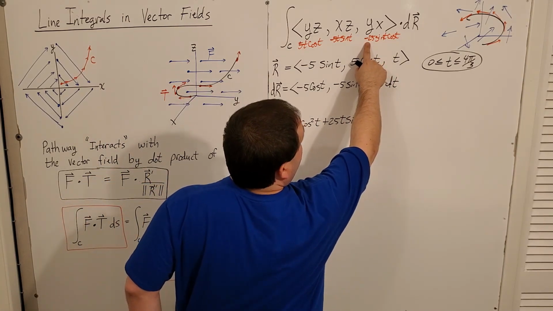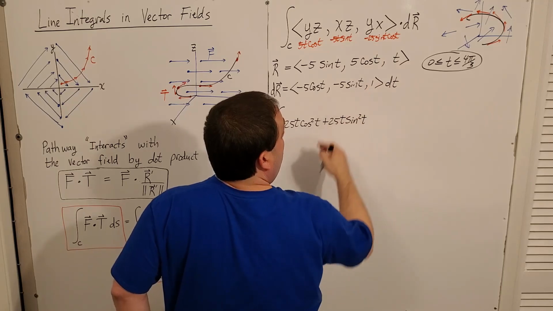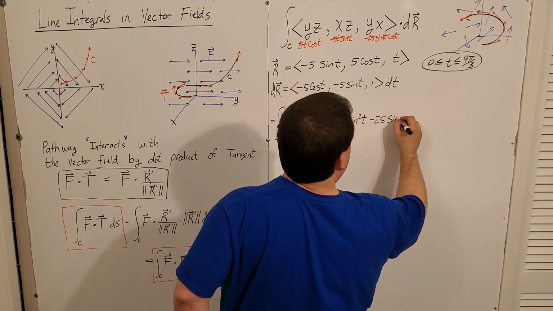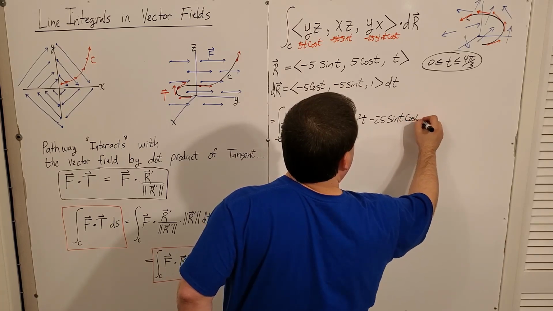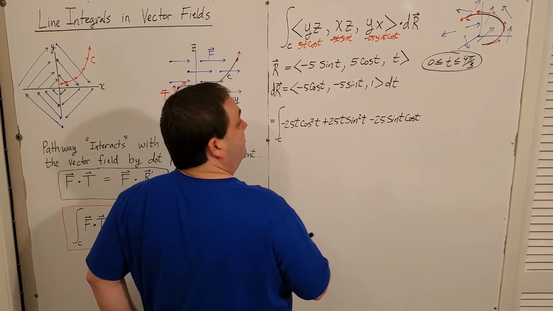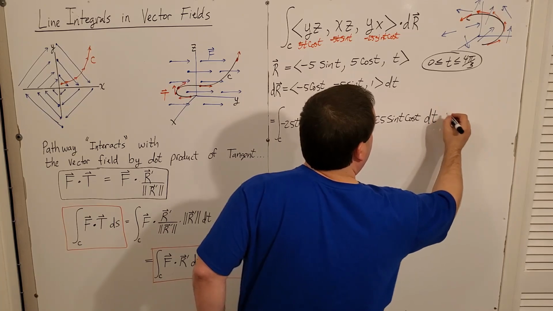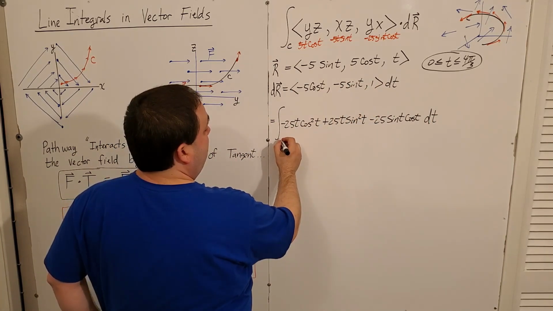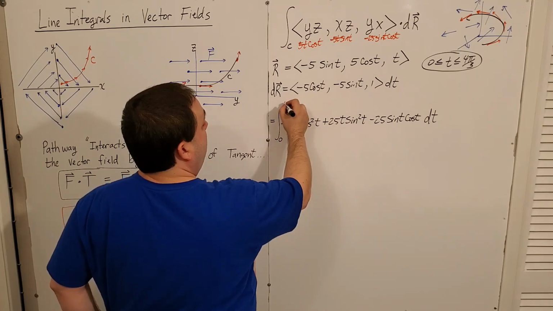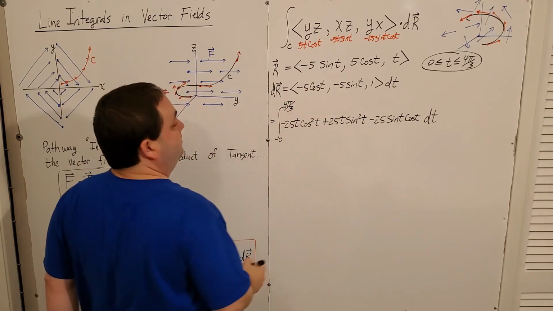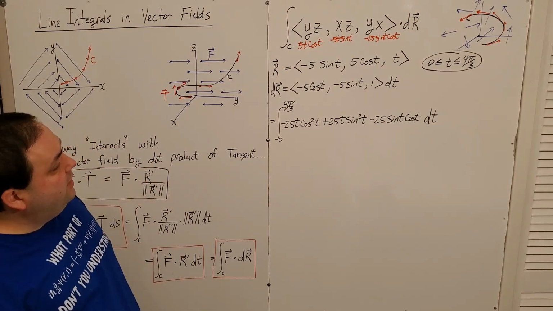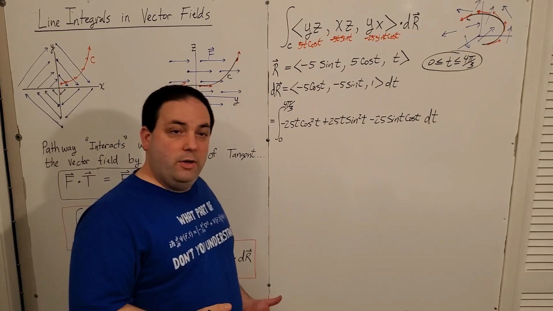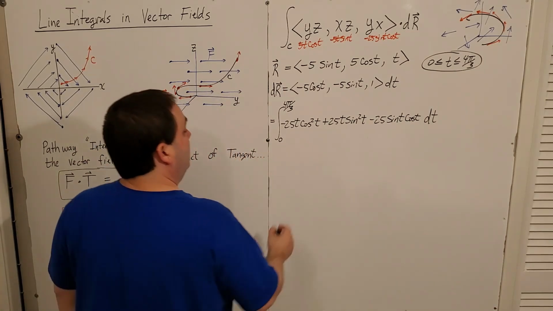So -25 sine t cosine t times 1, so -25 sine t cosine t, dt. And that's along the curve, which we're now saying is where t is from 0 to 4 pi over 3. So now I just need to perform this integral. It's now just a definite integral in one variable, like it was before.